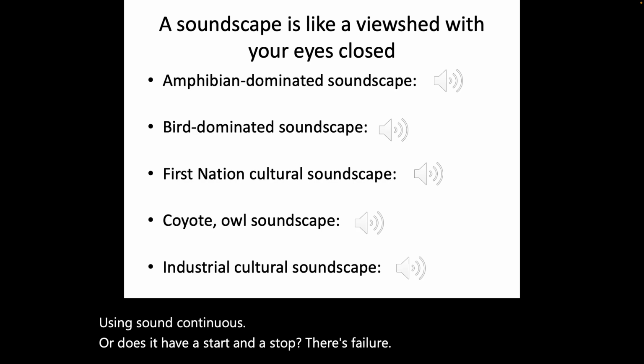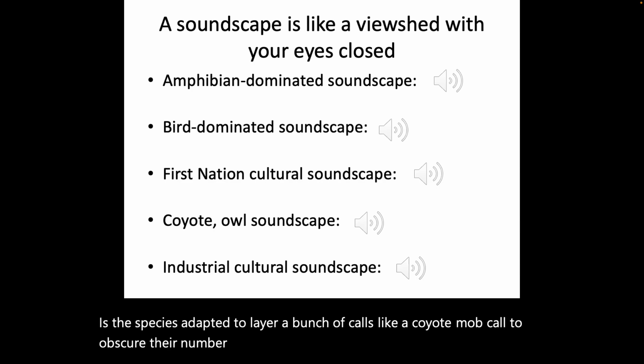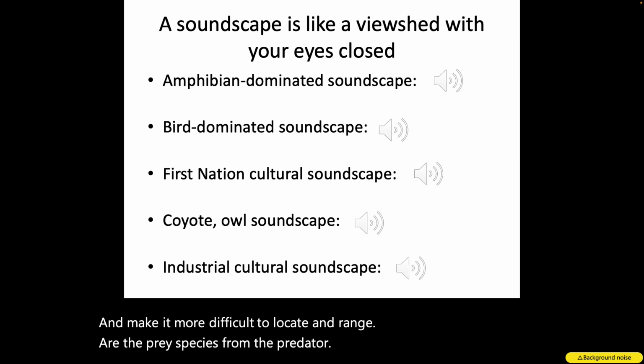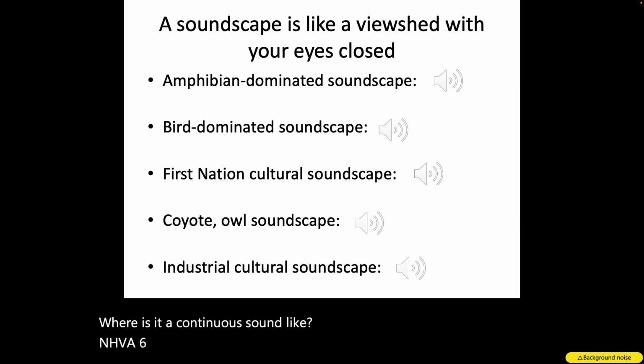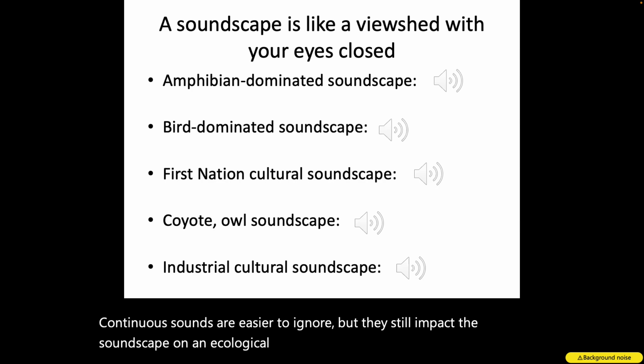Is the species adapted to layer a bunch of calls, like a coyote mob call, to obscure their number and make it more difficult to locate and range as a prey species from the predator? Or is it a continuous sound, like an HVAC system? Until I mention it, were you hearing that? Right? Continuous sounds are easier to ignore, but they still impact the soundscape on an ecological function level. Okay?